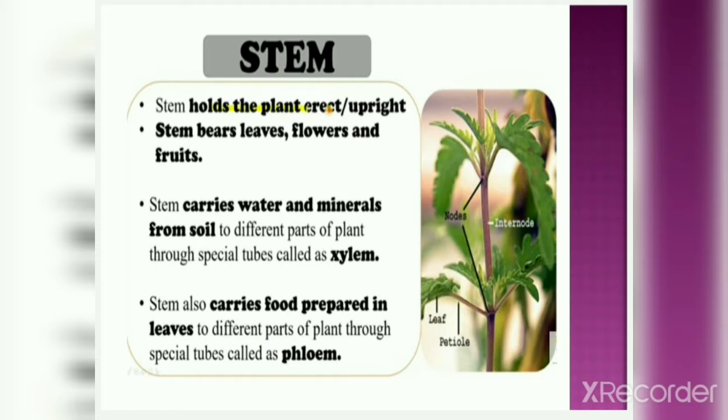Stem bears leaves, flowers and fruits. Stem carries water and minerals from soil to different parts of the plant through special tubes called xylem. Stem also carries food prepared in leaves to different parts of the plant through special tubes called phloem.